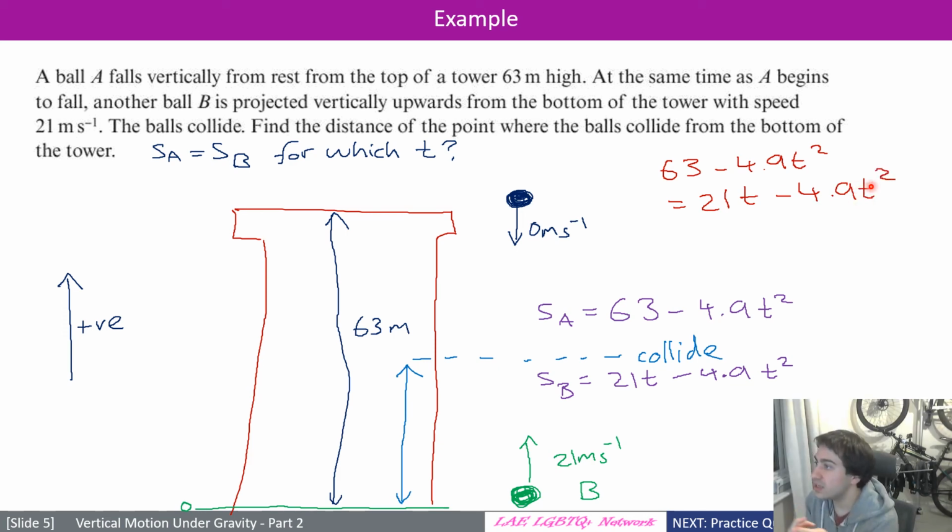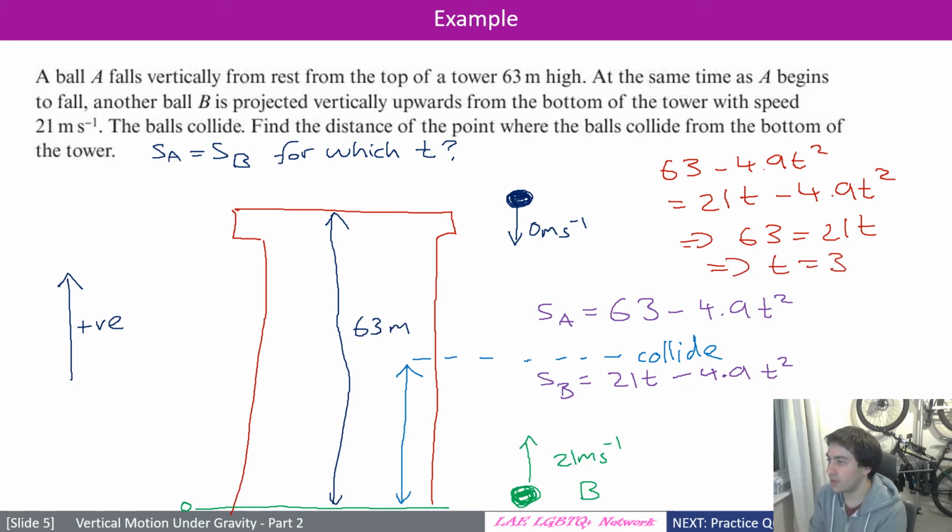And as you can see, the minus 4.9 t squared terms are going to cancel from both sides. Super easy. So you get 63 equals 21t. Conveniently, 21 goes into 63 perfectly. It's t equals 3. Okay, so what that tells us is after 3 seconds exactly, they will hit each other.